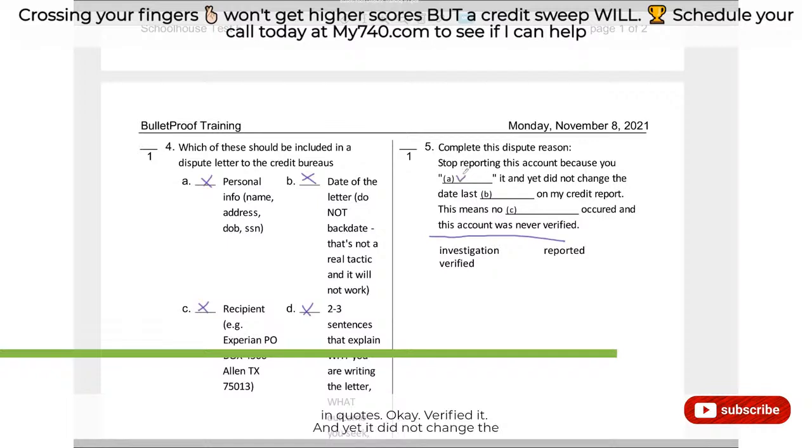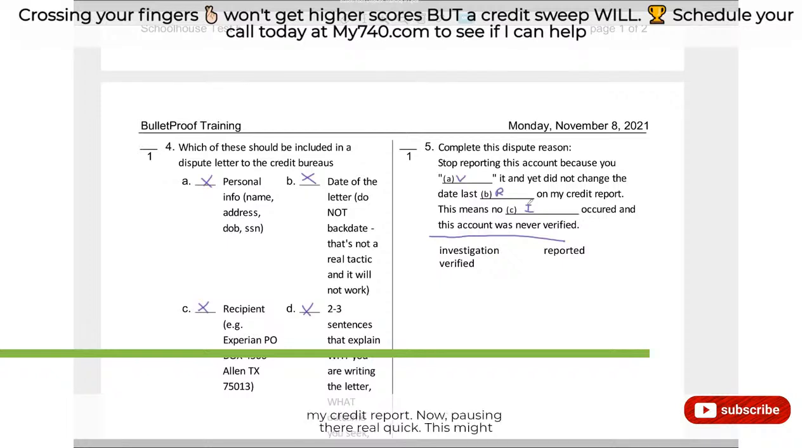Verified it, and yet it did not change the date last. Is it reported or investigation? Reported, okay? On my credit report, this means that no investigation occurred and this account was never verified. So the full complete dispute reason is: stop reporting this account because you verified it and yet did not change the date last reported on my credit report.